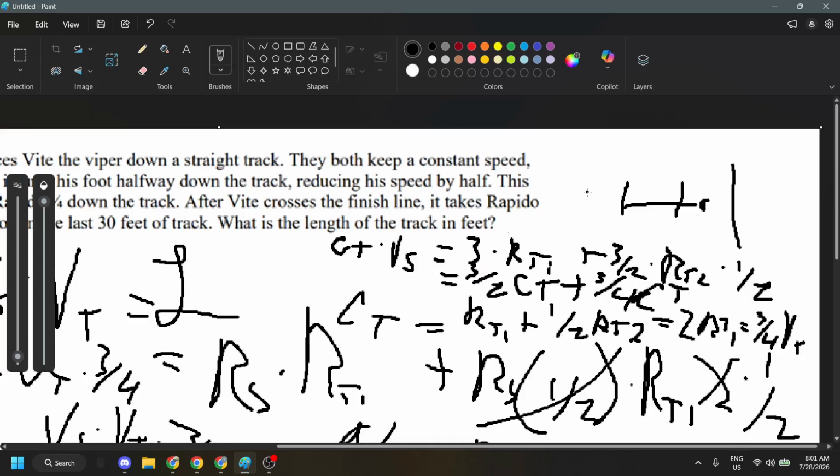Okay, so we found Viper speed. Cross out crossing time. Viper speed is equal to 3/2 plus 3/4, which is 6/4 plus 3/4 is 9/4. Okay, 9/4 presumably feet per second.